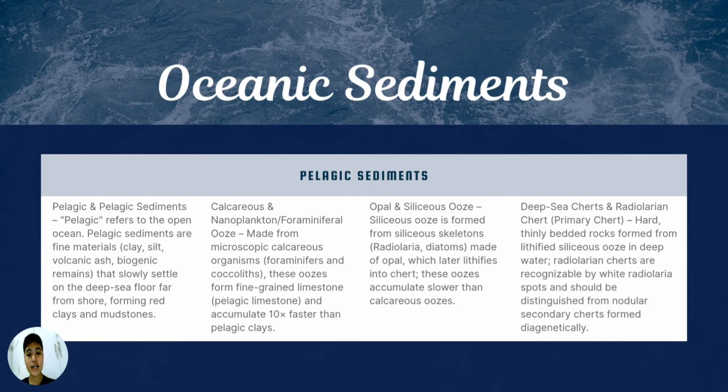To further discuss pelagic sediments, these are fine materials like clay, ash, and tiny sea creatures' remains that slowly settle in the open ocean, forming red clays and mudstones.